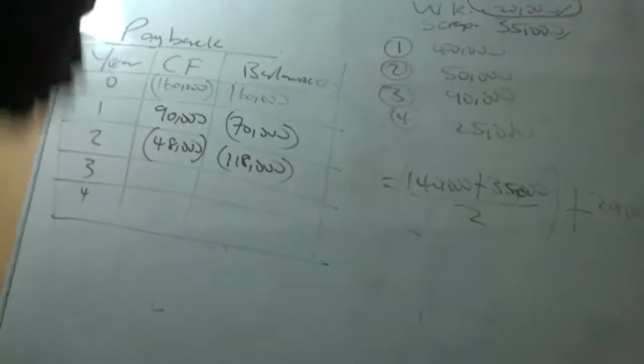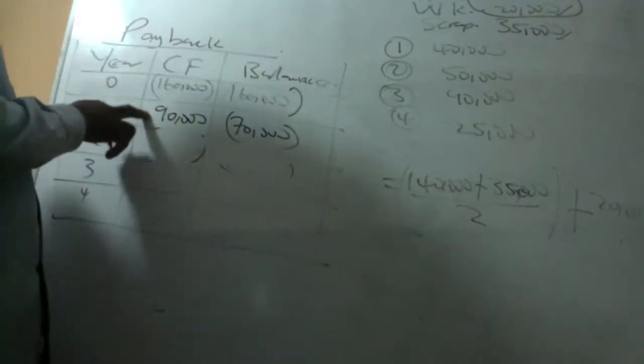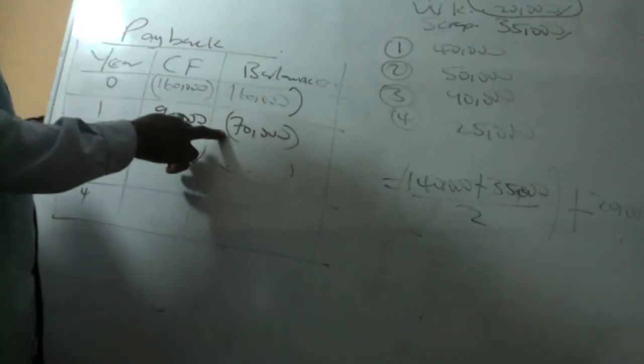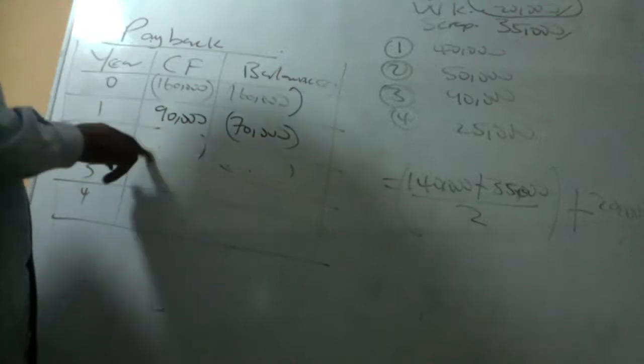Why negative again? This is negative 48. At the start of the year, you have invested 160. At the end of the first year, you are able to recoup 90. So you are left with 70 of the investment. Now this 70, at the end of year two, is rather giving you extra negative, additional costs. You didn't get any profit or cash flow for that year. You rather spend.